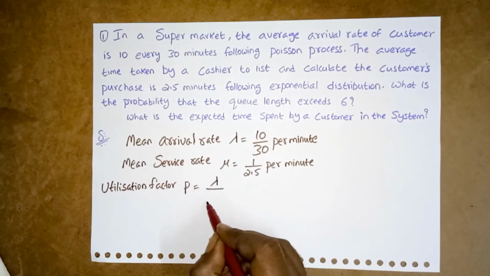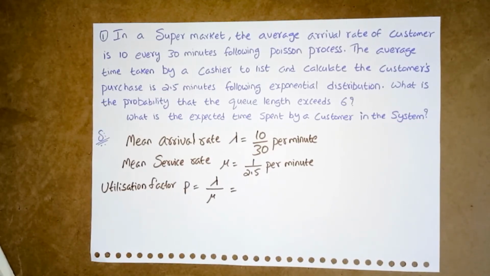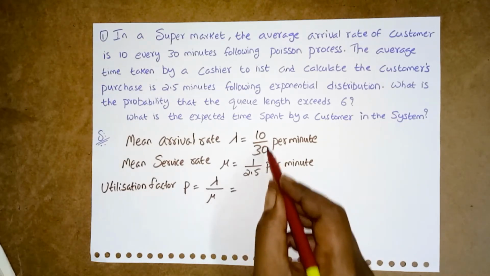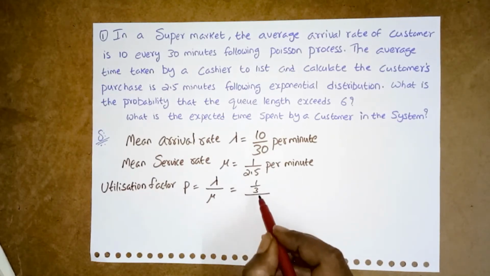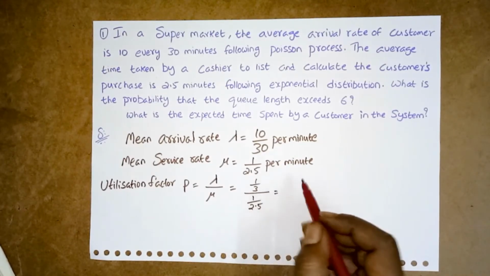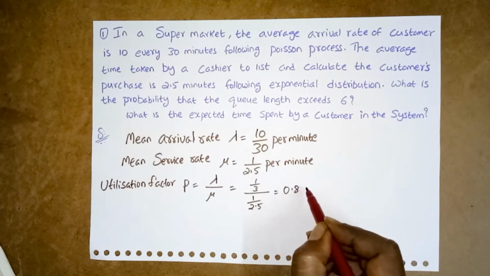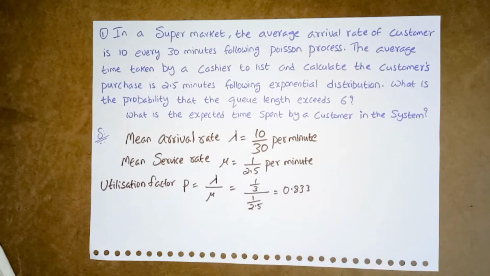So this lambda by mu is rho. We know lambda is 1 by 3 and mu is 1 by 2.5. After calculating, we get around 0.833. So half of the solution we have completed.